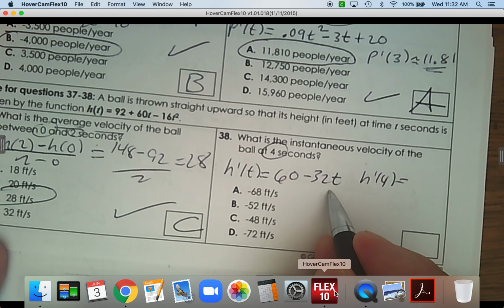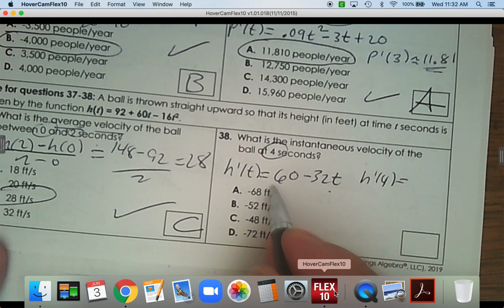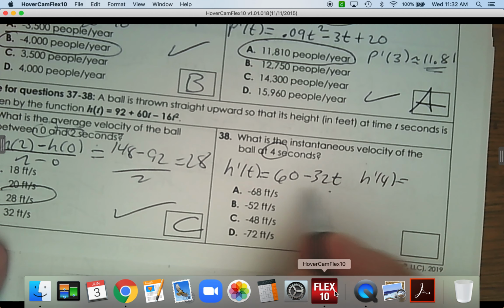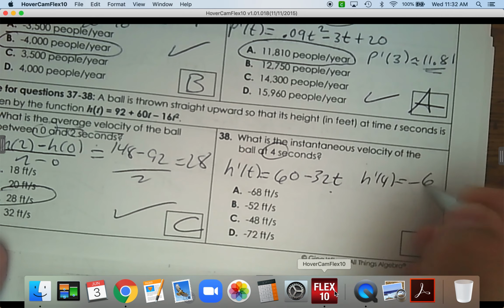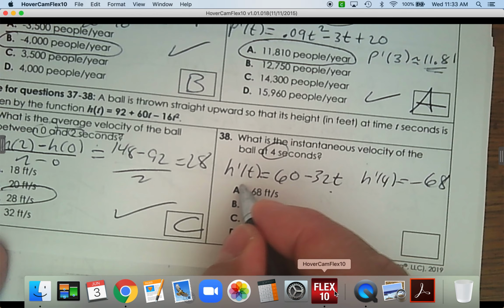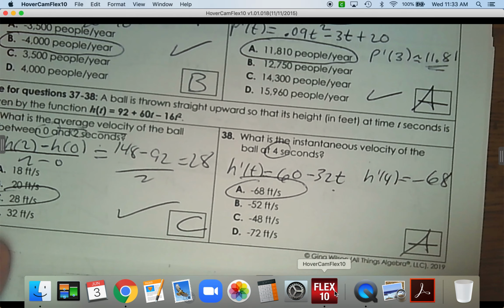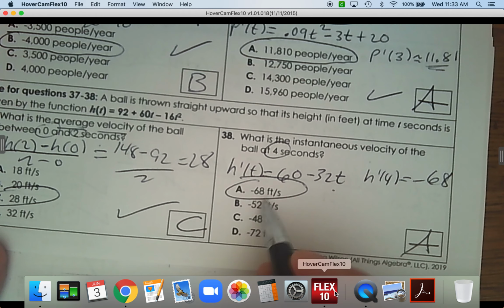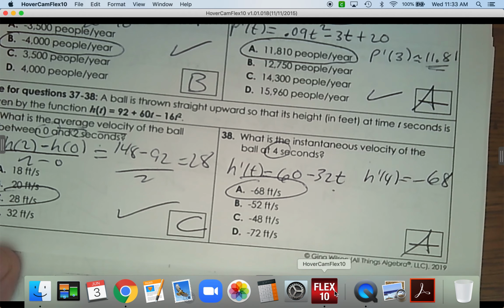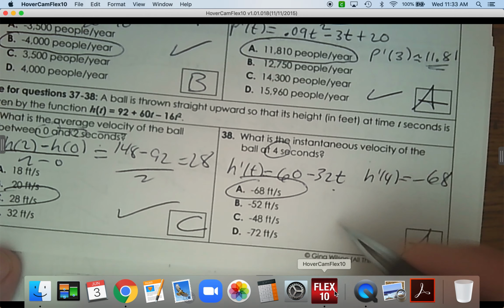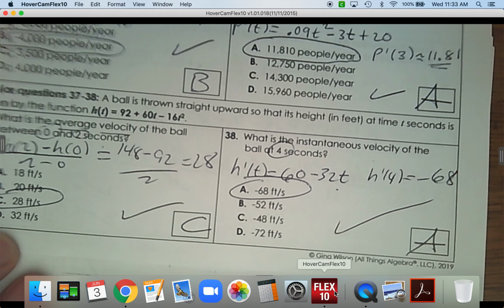So if I plug in 4 for t and then simplify it, so that's like 60 take away 128, that's negative 68. So the instantaneous one there is negative 68 feet per second. That doesn't mean that the height is negative. It just means the negative for a rate means it is falling. The direction it's going is the height is decreasing or falling. Give yourself a check mark if you did it correctly.